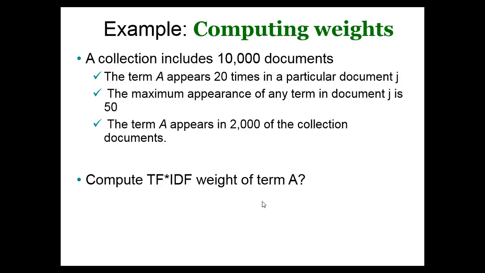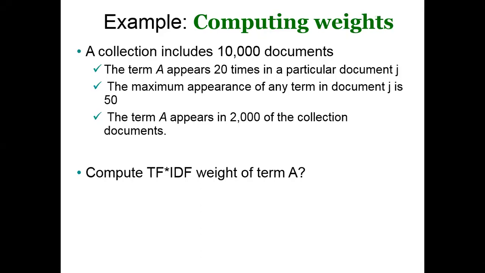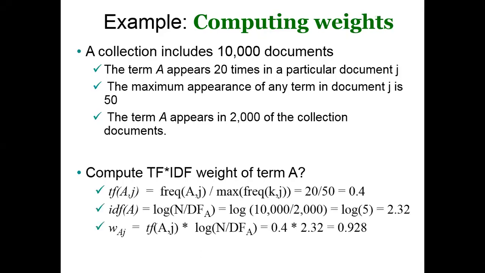When you are calculating the term frequency times inverse document frequency of term A, we have to multiply TF by inverse document frequency. Towards that, first we have to know term frequency. The term frequency is given.